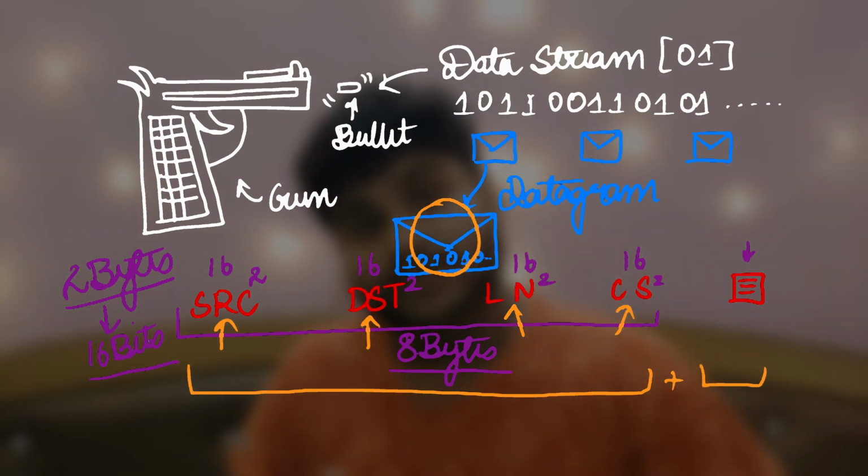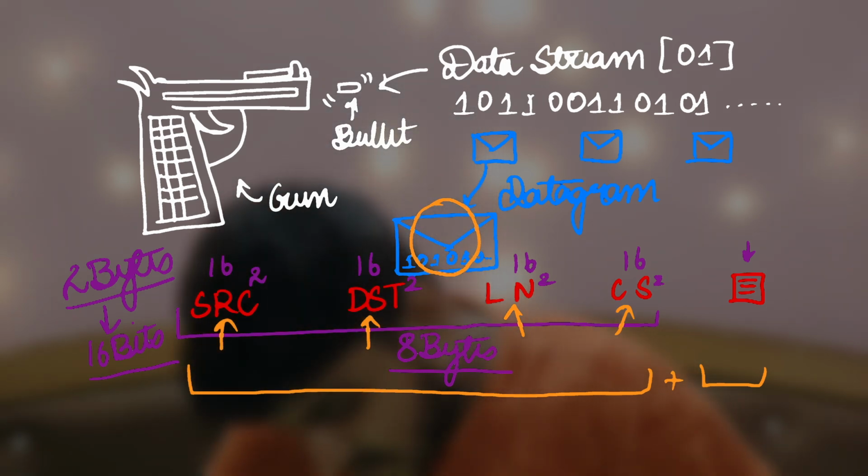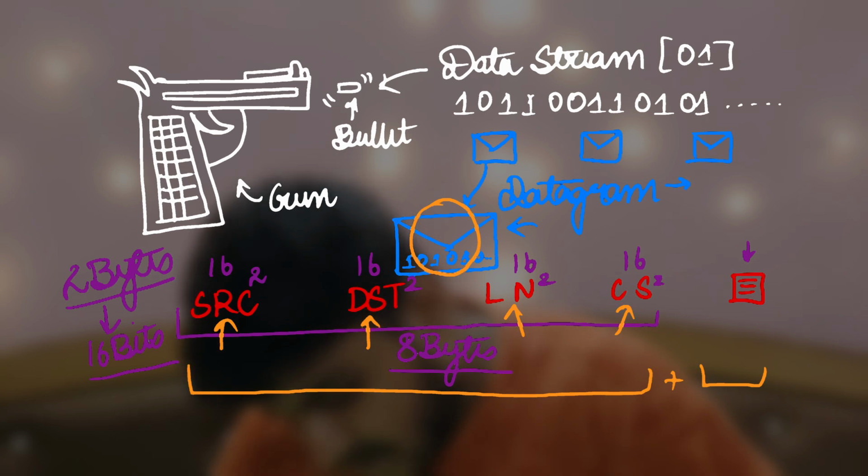Now we understand the UDP header. Now we know what will happen next. This datagram will be encapsulated into a packet, and then this packet will be transmitted to the server.